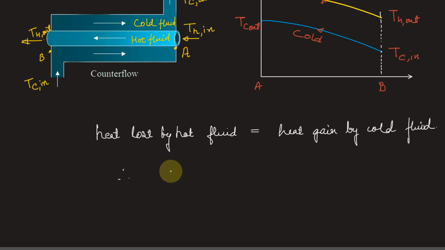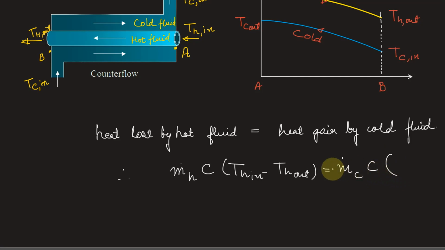Therefore, we can write mH, the mass flow rate of hot fluid, into C, the heat capacity, multiplied by Th in minus Th out, should be equal to the mass flow rate of cold fluid into C, the heat capacity, multiplied by Tc out minus Tc in. Since the density is the same, we can write the volume flow rate.